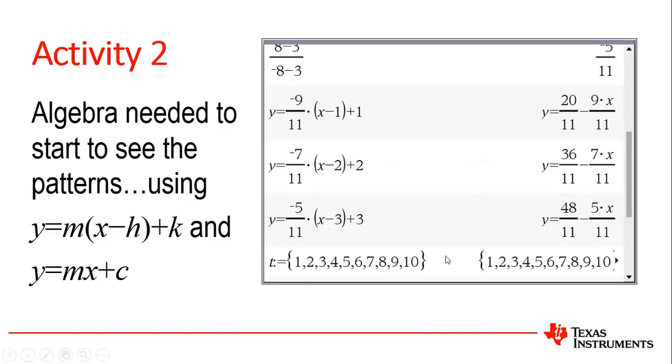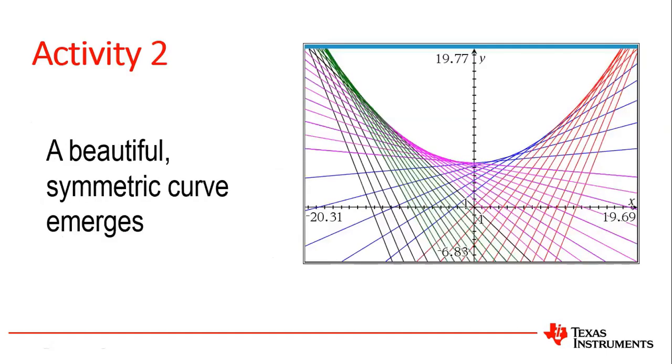We also took a look at parameters, and that t which was assigned as the numbers 1 through 10. In activity 2 and in the webinar that we had to support activity 2, t stood for the number of the actual equation. And there were 10 equations, so there were 10 values of t.